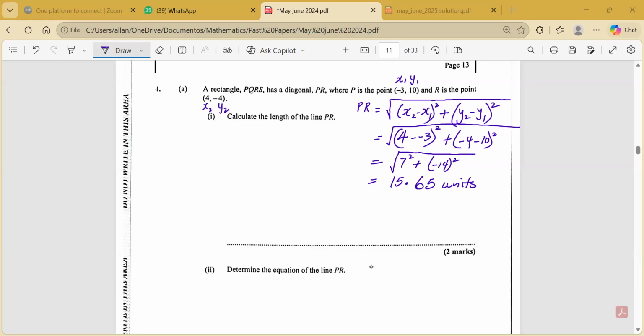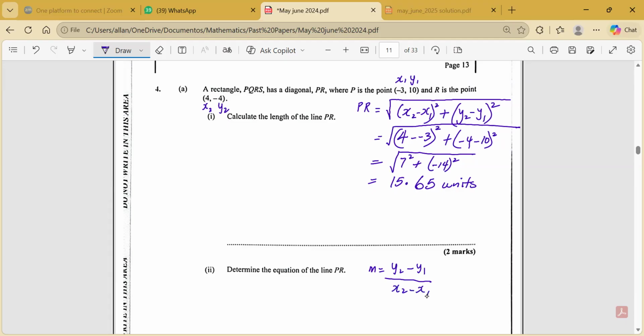So we use m equals y2 minus y1 over x2 minus x1.